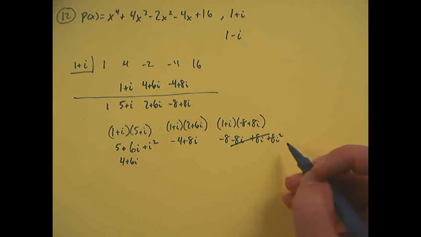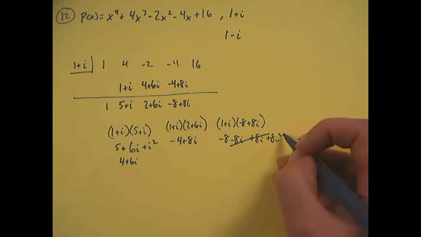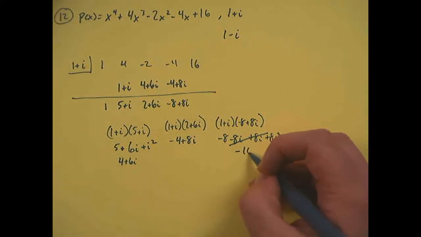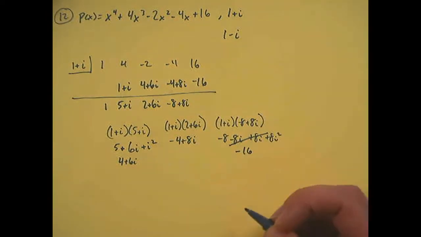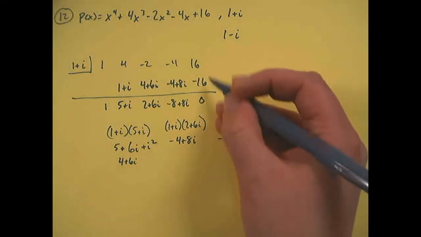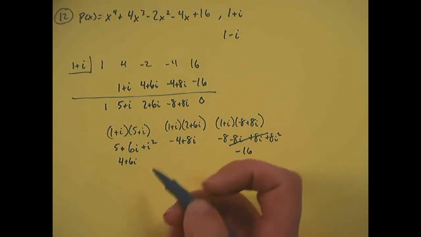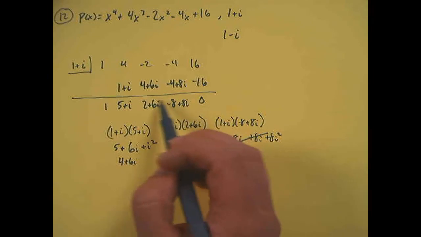So these cancel. We have negative 8, and then this ends up being a negative 8 because i squared is negative 1, and negative 1 times 8 is negative 8. So we get negative 16 here, which is exactly what we hoped we'd get, because then that makes 0 when we add straight down. And then we're all done with that part.